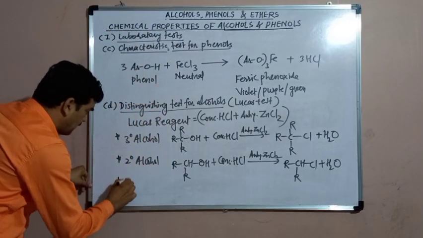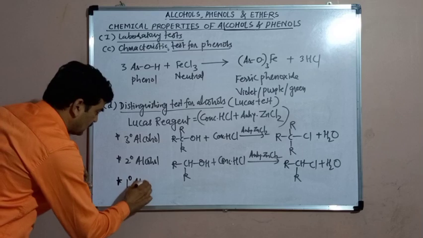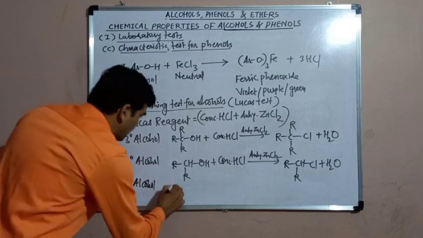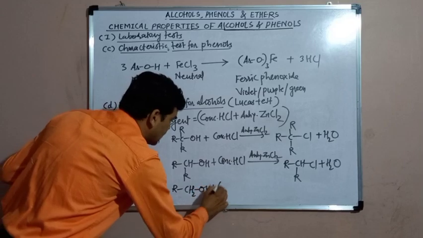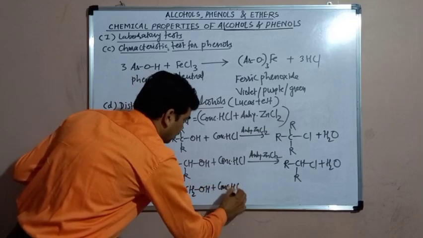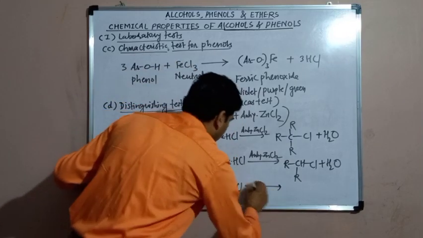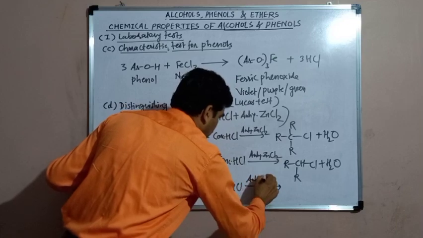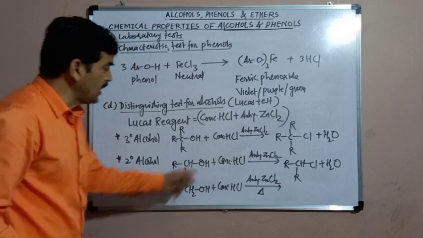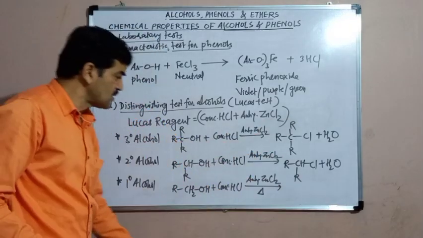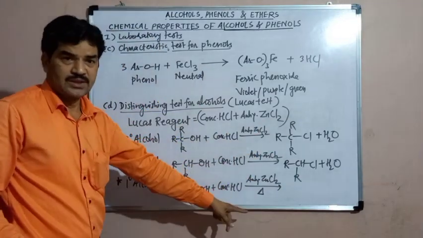Then a primary alcohol. When a primary alcohol is reacted with the Lucas reagent, the turbidity develops after a few minutes, but with heating.